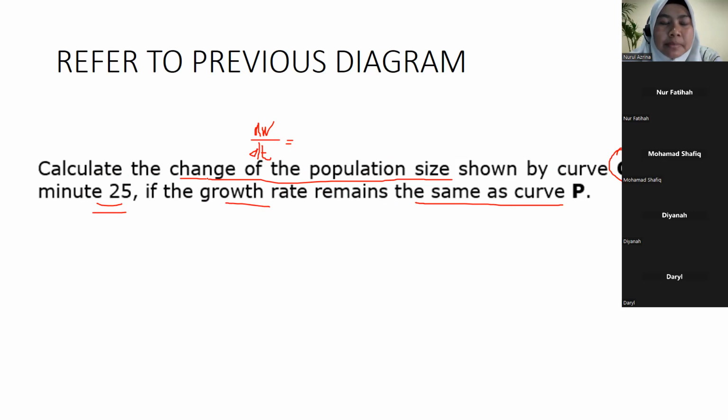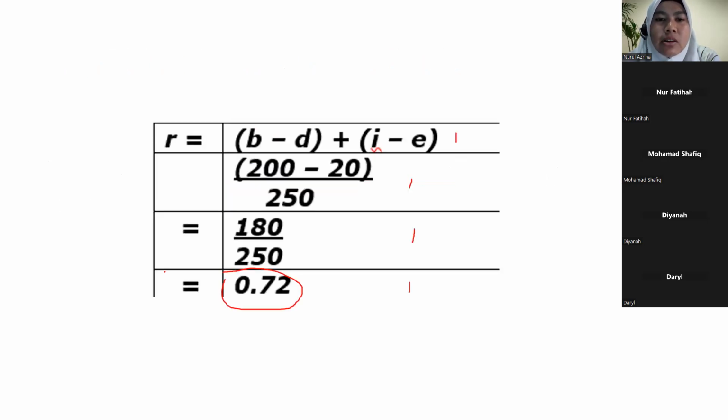Okay, baca soalan betul-betul. Calculate the change of population size by curve Q at minute 25. Sorry, at minute 25 kalau growth rate remain constant as P. Okay. Macam mana nak buat ni? Kita tengok gambar dulu.